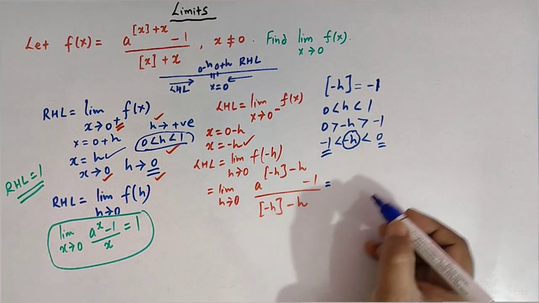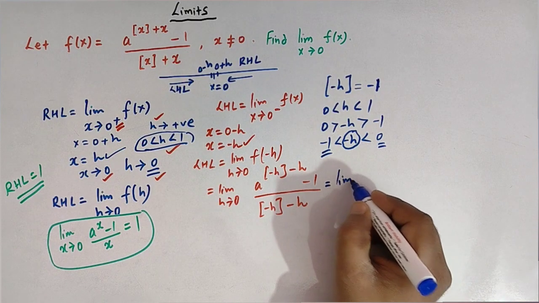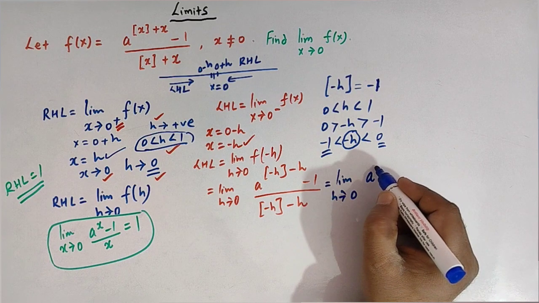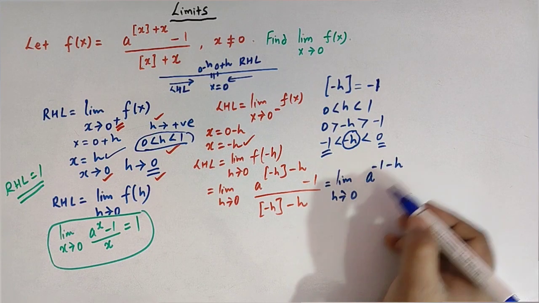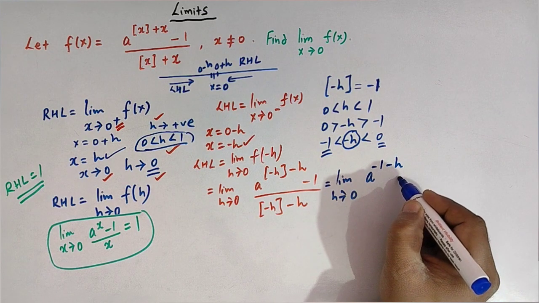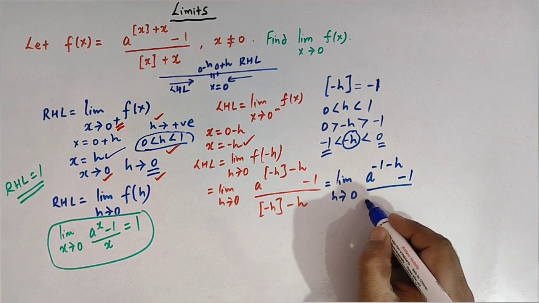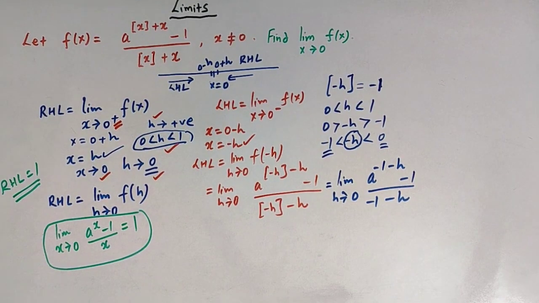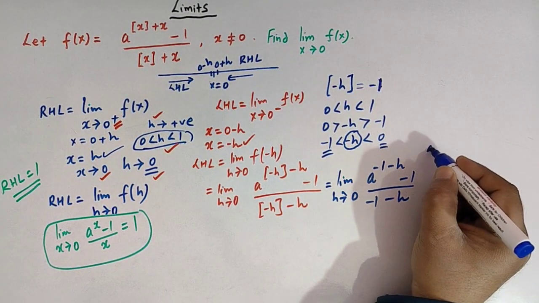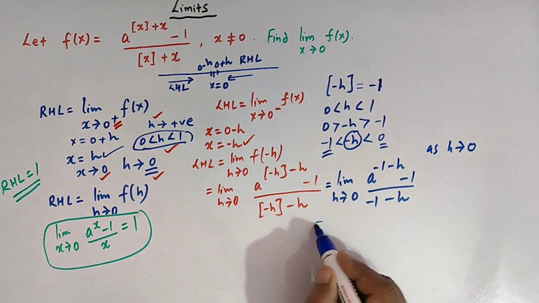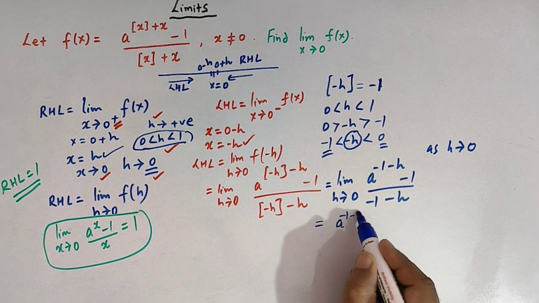So here we'll now write limit h tends to 0, and we have a raised to -1, minus h, minus 1, over -1 minus h, right? So now as h tends to 0, here we'll get a raised to -1 minus 0.